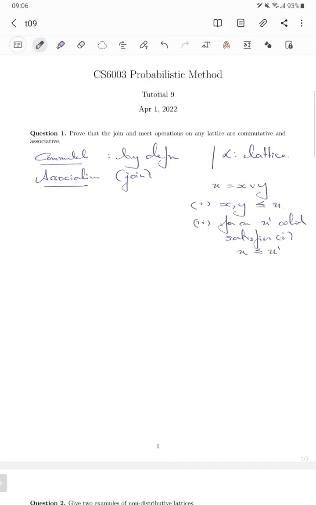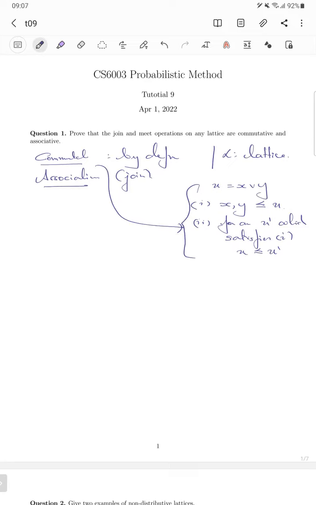So that this is what makes it the least upper bound. But you see that there is no role the order between X and Y plays here. And that's why I said commutativity will just follow from the definition. Yes. So this commutativity will just follow from the definition. But what about associativity?